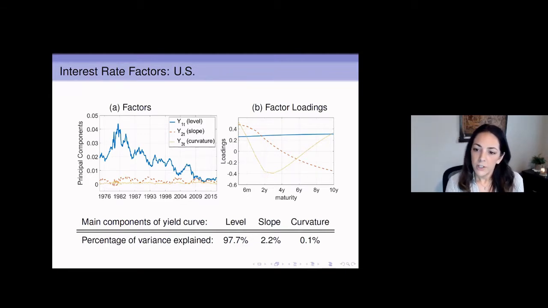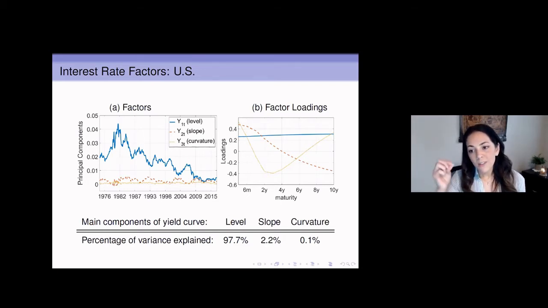Well, the second factor in orange shows that the second principal component from the yield curve loads positively on the short end of the yield curve, more than 0.4, but negatively on the long end of the yield curve.